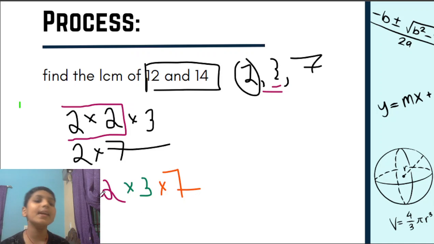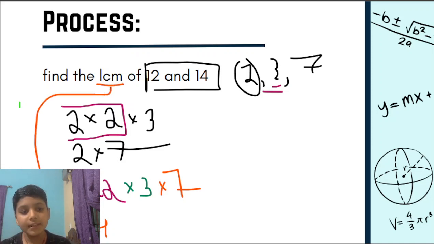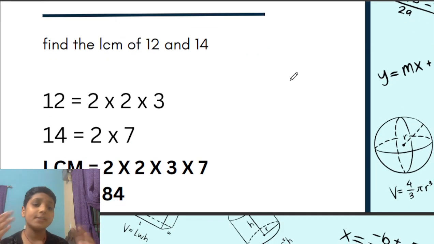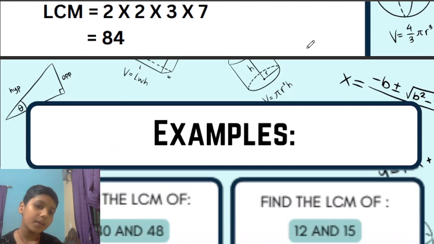So in that case, you are going to just multiply these numbers and you're going to get your answer as the HCF. Sorry, LCM. So that means 84 is the LCM. If you want to see a clearer step, here you can see. So like this only we find the LCM.